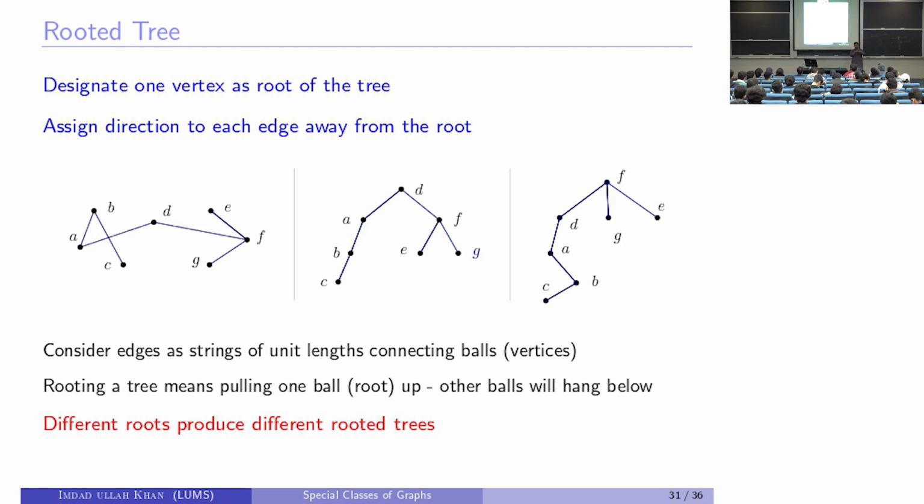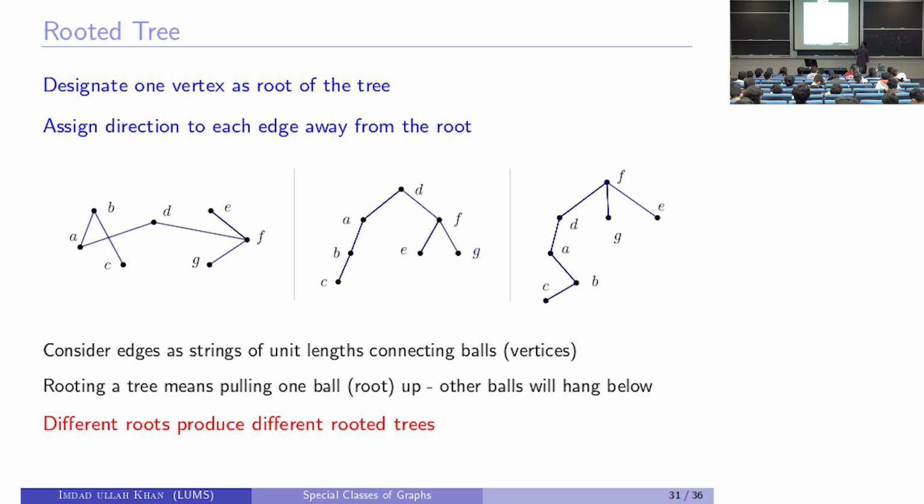Think of every vertex as a ball, and every edge as a thread, a rope between them, right? Now if you raise this bunch of threaded balls up, what will happen? This is called a rooted tree. The vertex, the ball that I raised all the way up, is called the root of the tree. The first level of threads is called the children, then the second level, the grandchildren, and then great-grandchildren, and so on. Okay.